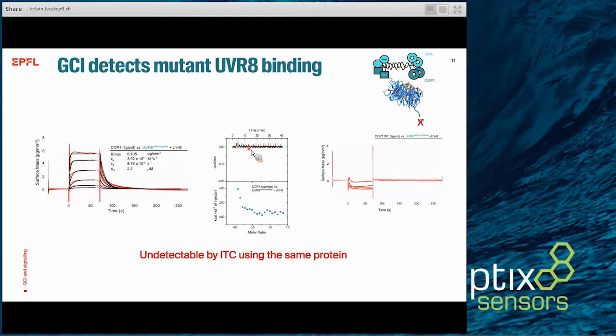If the interaction does not give off any heat, either endothermically or exothermically, you cannot derive a binding curve, nor then a binding affinity. However, on the Creoptix WAVE, these interactions are not dependent on enthalpy, and thus we could quickly characterize a mutated form of UVR8 which lacks this peptide motif, and we could characterize its affinity to say that it binds weaker than the wild type.